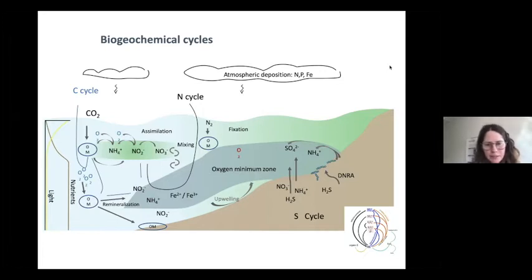In these anoxic conditions, we have other processes that play a major role. I will just mention that in Namibia, the occurrence of large sulfur bacteria like Thiomargarita namibiensis is very well known because it's pretty unique.